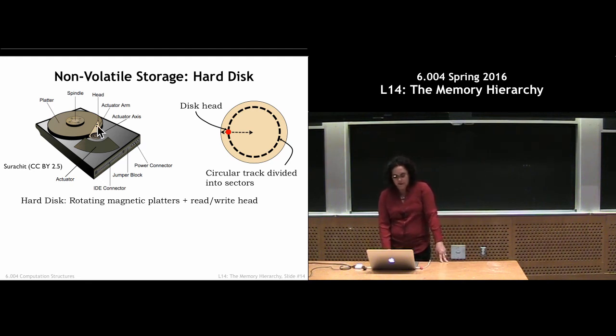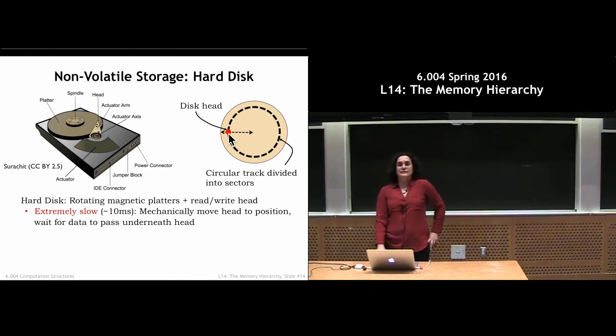The reason these are particularly slow is because it's a mechanical process to move this head over the right track that you want to read or write to. Then once you're over the right track, you start spinning your disk so that you get the correct sector within the track that you're trying to access. Once your head is over the correct track and the correct sector, then you can do your read or write. So what you find with hard disks is that they're really, really slow.